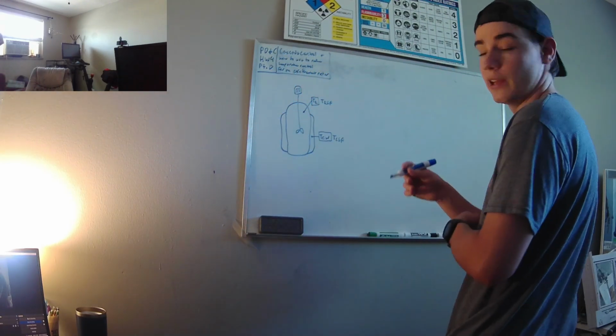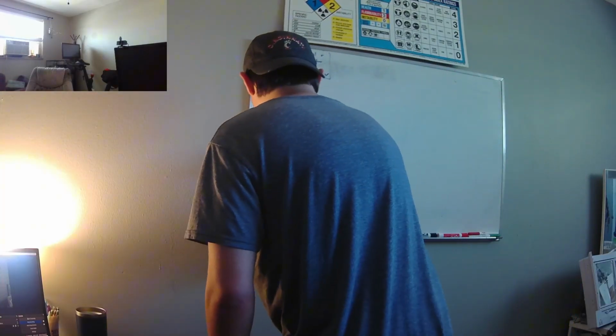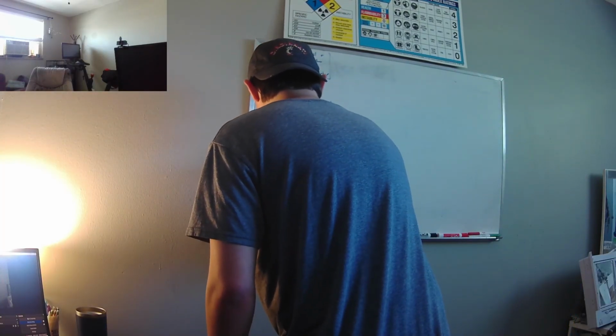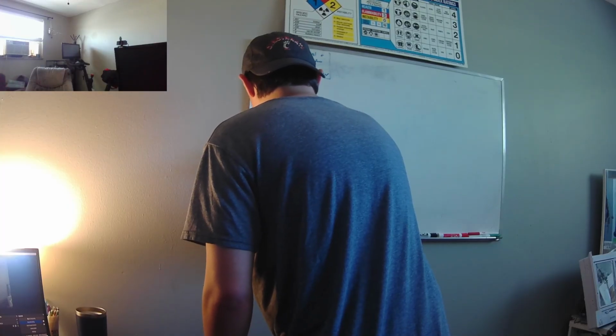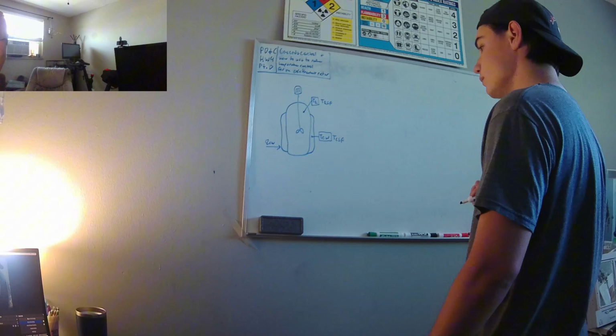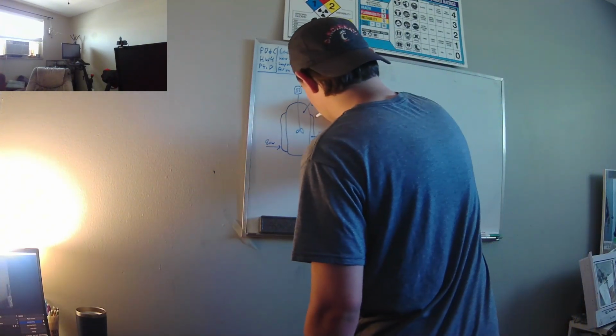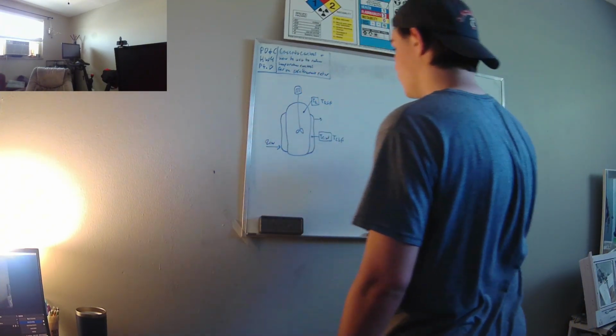We also know that we're going to have our cooling water flow rate coming in here. We're going to have our QCW, which will also be coming out of here.